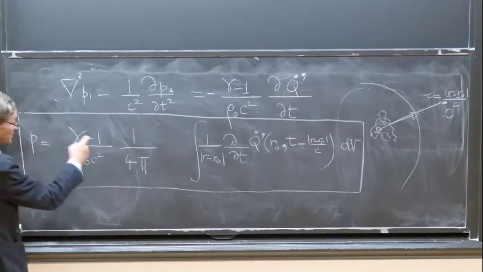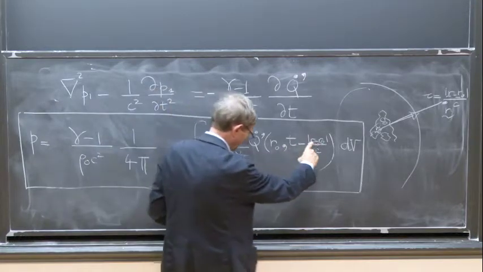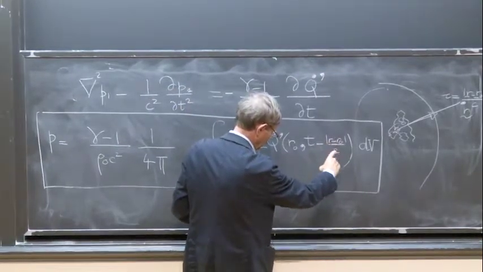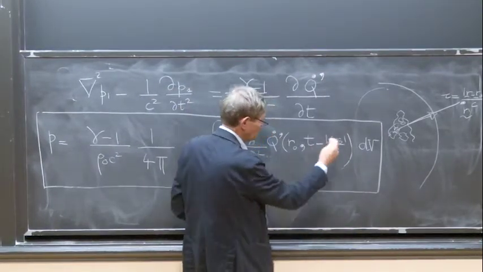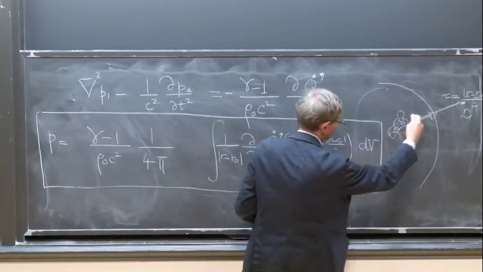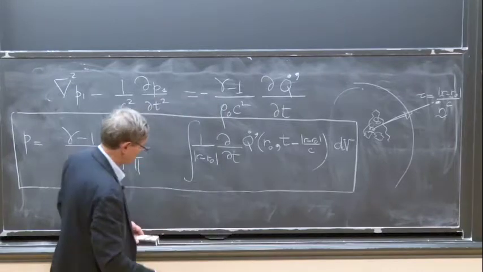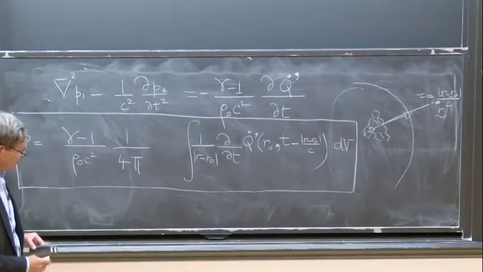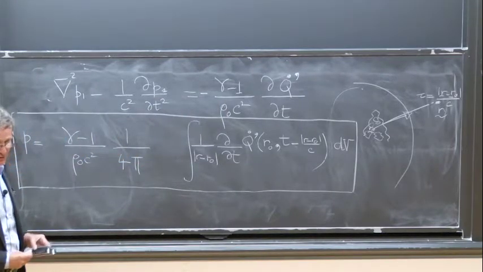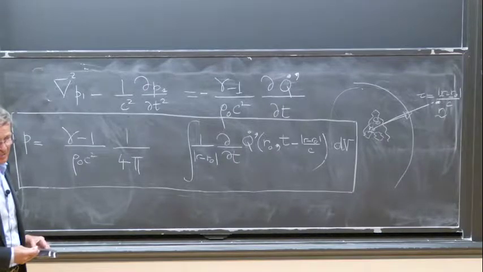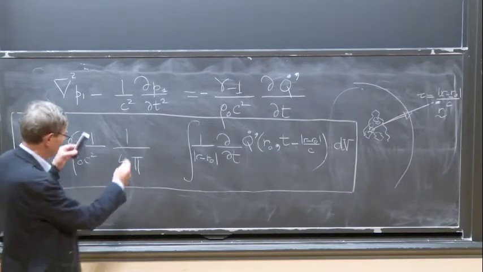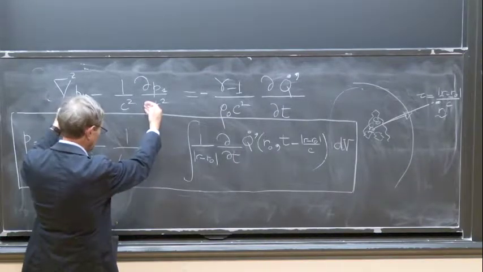Why retarded? Because you see, this is the retardation. This is a delay between the region where you have a source and the region where you are listening to that source. And so that's a general expression for the pressure field produced by these sources. It's a solution of that equation.